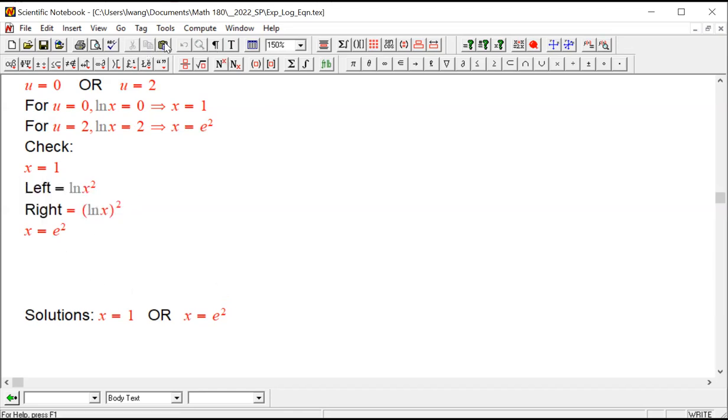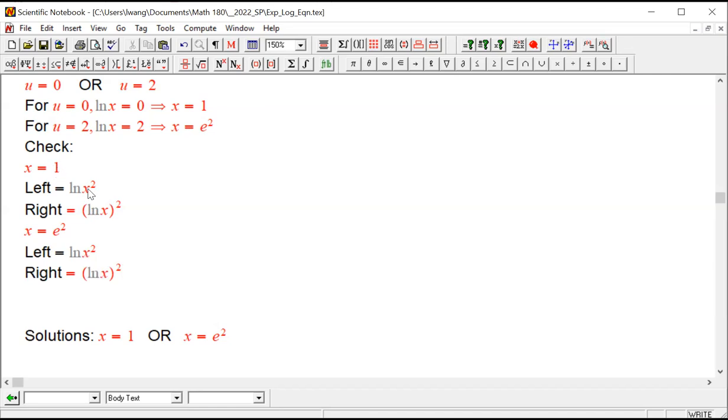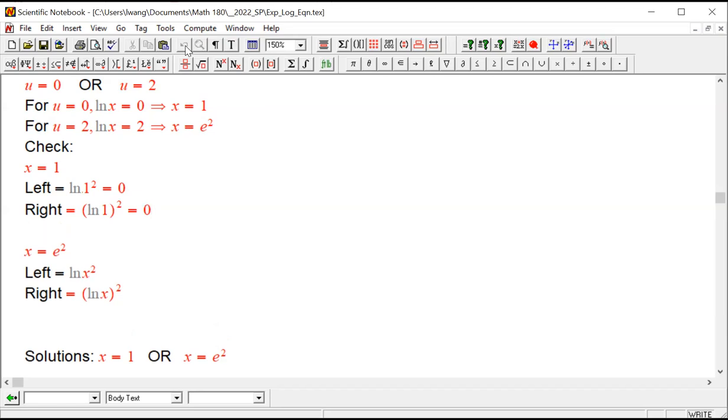So I'm just setting this up. Okay, so x equals to 1. So here that equals to 0 and that equals to 0, right? Left equals to right.